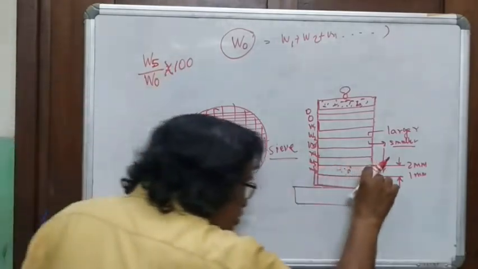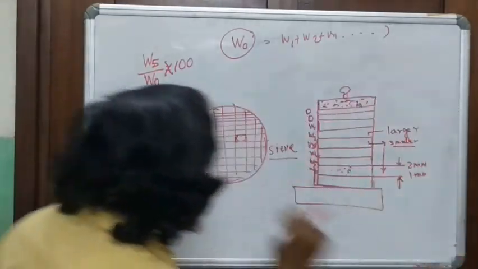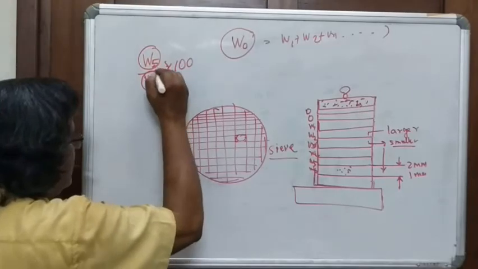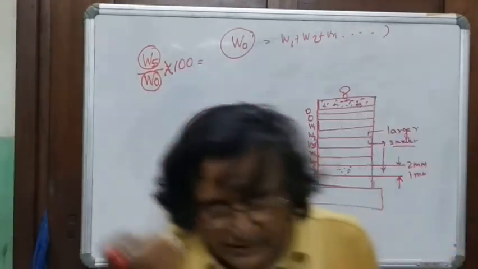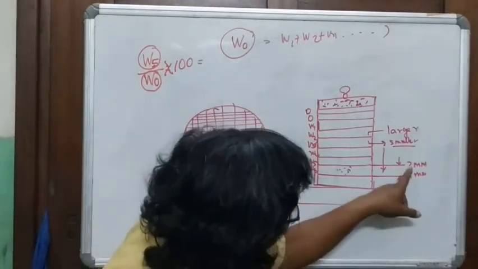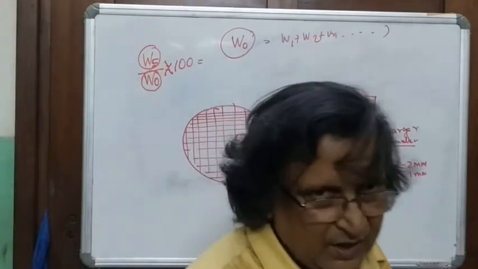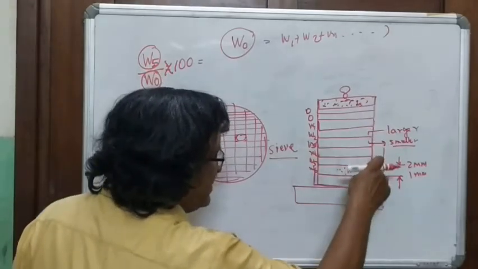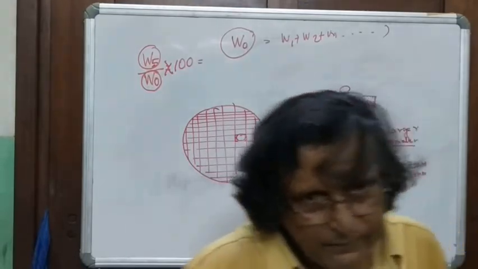If I divide it by W0 times 100, I will get a percentage value. That means all the grains between 2 and 1 millimeter occur in that percentage. Have you understood? If you add these percentages up, they will add up to 100%.